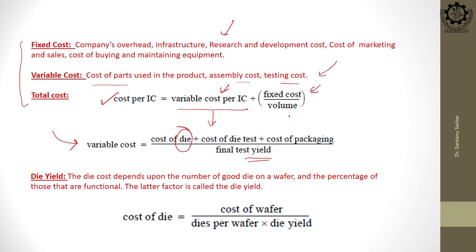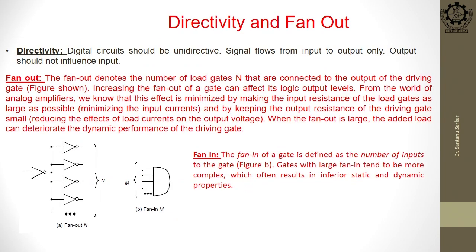Here also volume is related to your working volume. The die cost depends upon the number of good dies on a wafer and the percentage of those that are functional. So, the cost of die is the cost of wafer divided by dies per wafer times die yield. These are the factors that will define the cost of your product.